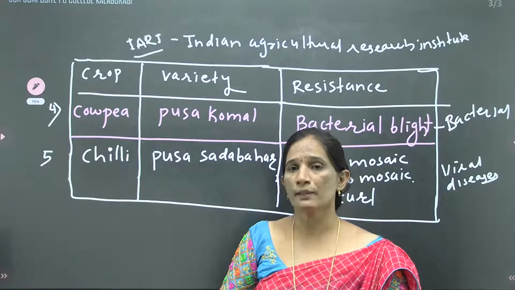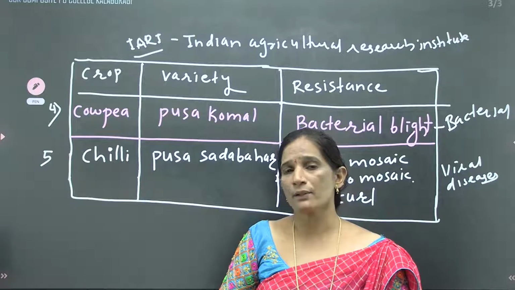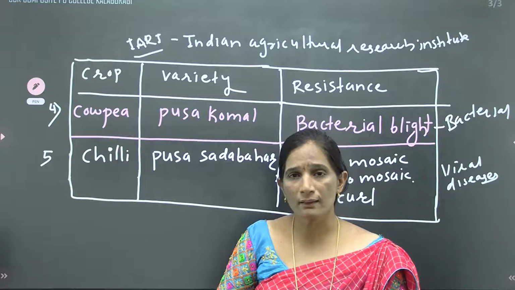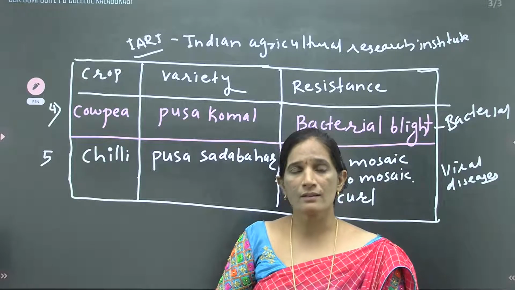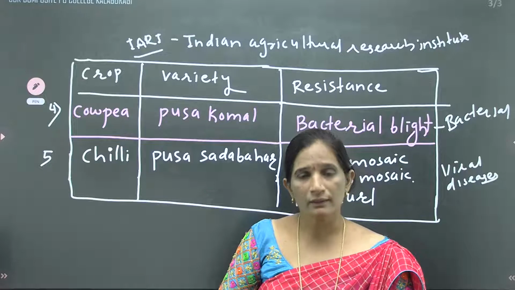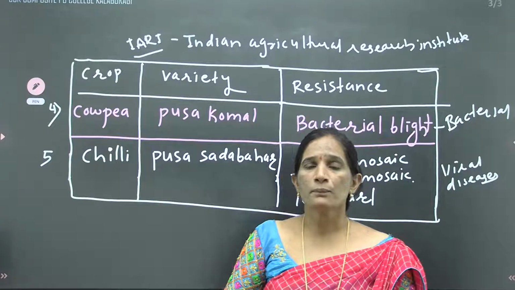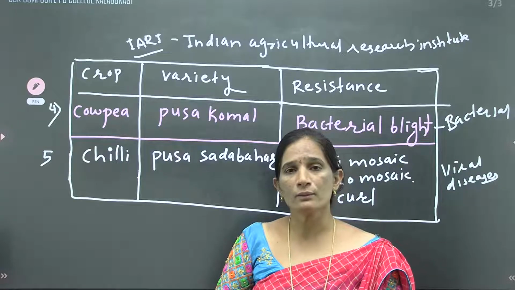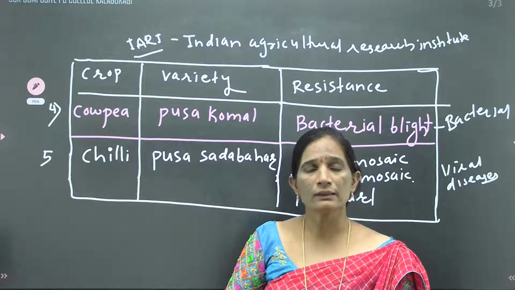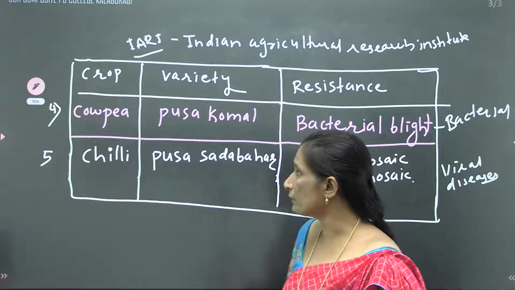The variety is Himagiri. Is it clear? Same thing here. Second example, brassica. The variety of brassica is Pusa swarnim, resistant to white rust. Then cauliflower, Pusa shubra or Pusa snowball K1, resistant to black rot, curl blight.